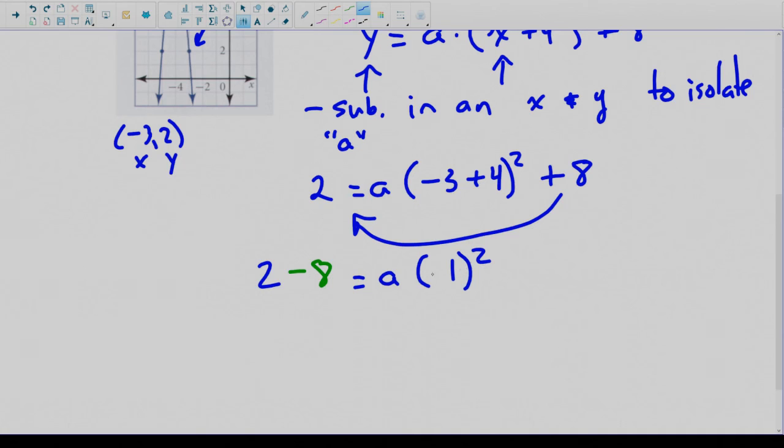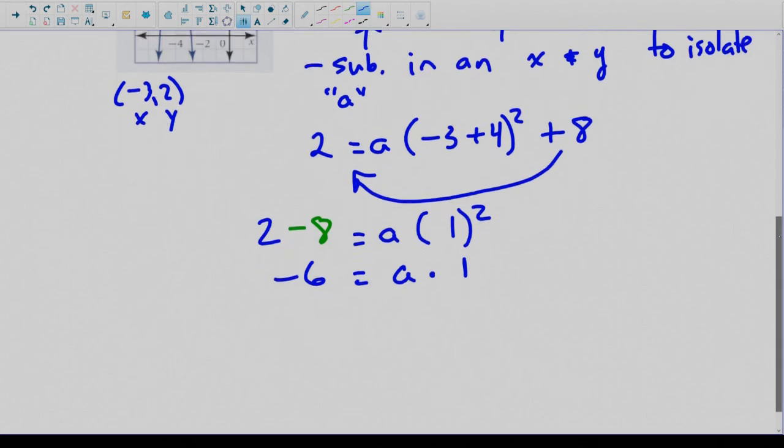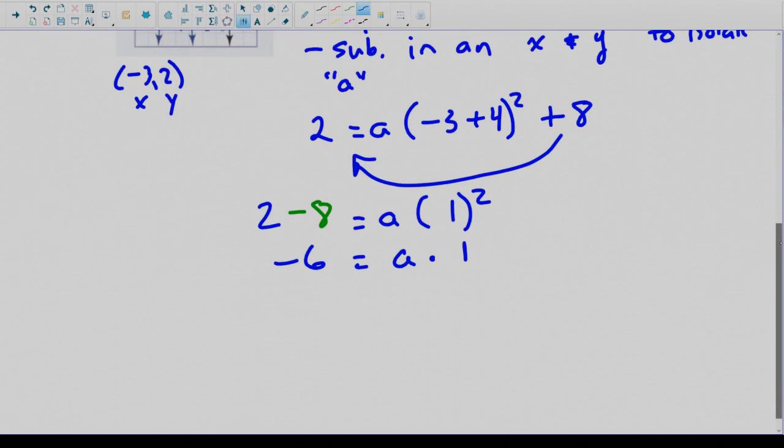Okay, so we've got 2 minus 8, which is -6, equals a times 1 squared. Now what's 1 squared? 1 squared is just 1. Now this makes this question pretty easy to do because all we have to do now is get rid of that 1. Well, 1a is already pretty much getting rid of itself.